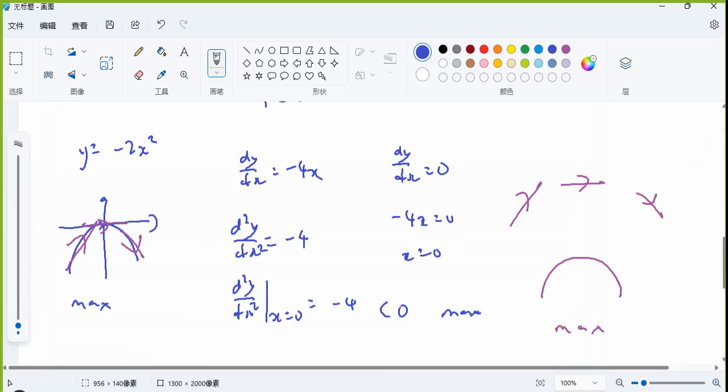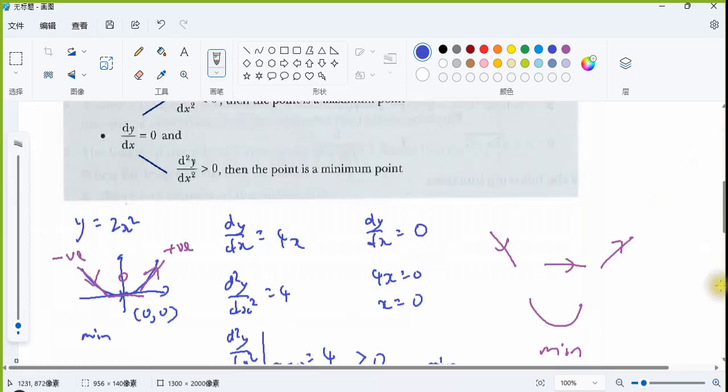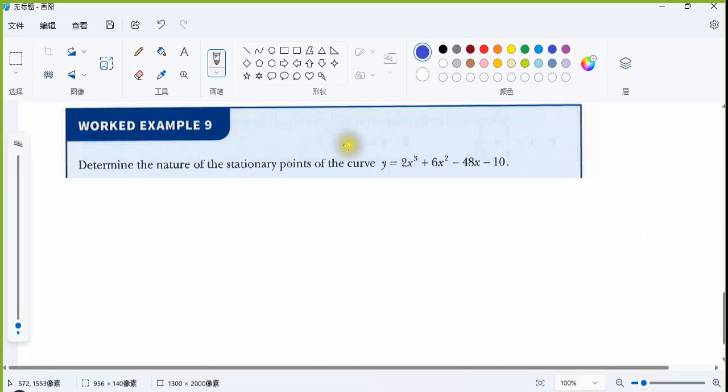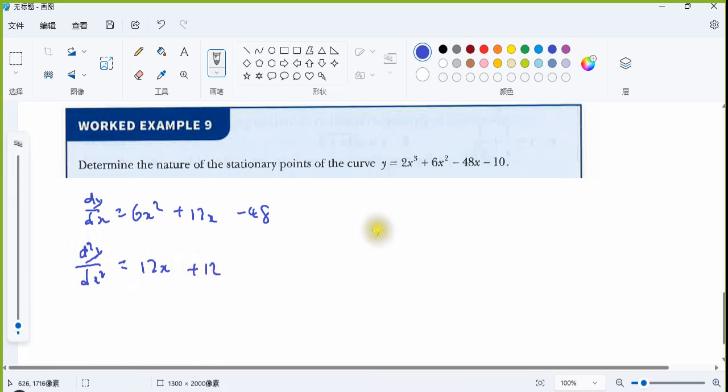The two examples that I gave just now are quadratics, so the second derivative does not have x. We'll look at this example. The dy/dx is 6x squared plus 12x minus 48, then the second derivative is 12x plus 12.